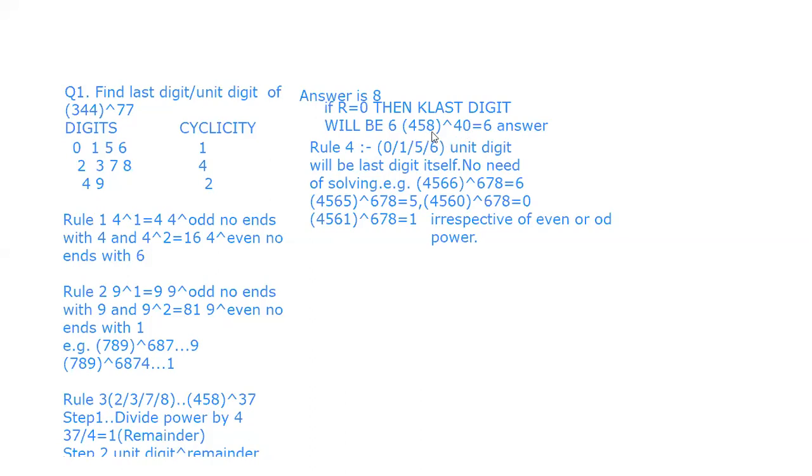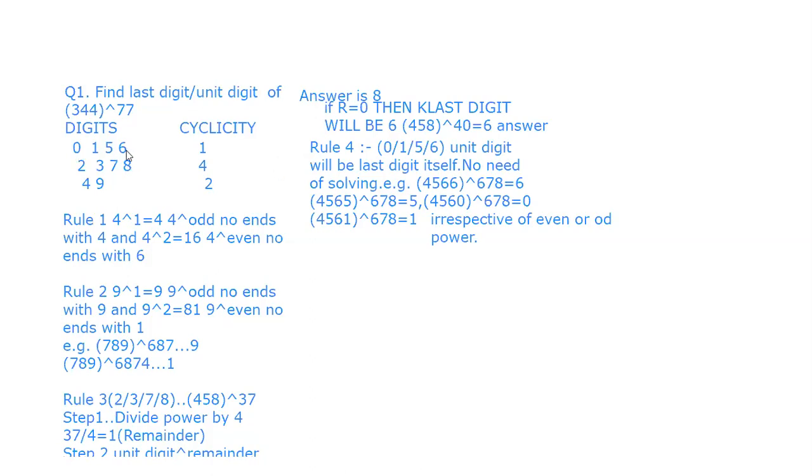But 7 raised to power 0 is 1. Unit digit raised to power remainder, 7 raised to power 0 is 1. So in case of odd numbers 3 and 7, if I get remainder 0, last digit will always be 1. But in case of 2 and 8, if I get remainder 0, last digit will always be 6.